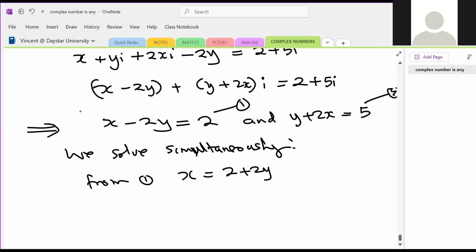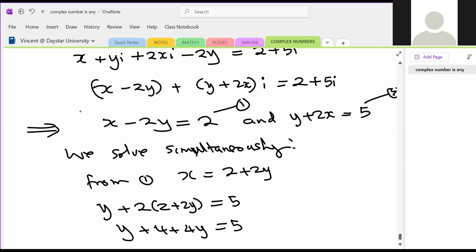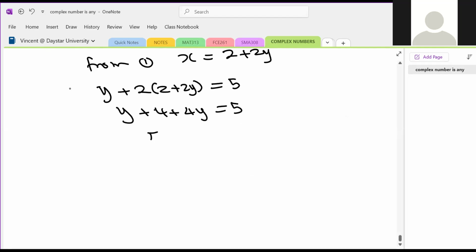So then I can replace this in equation 2. So I'll have y plus 2 into 2 plus 2y equals 5. So I'll have y plus 4 plus 4y equals 5. Then 5y equals 1, because I'm getting this by saying 5 minus 4. So y equals 1 over 5.